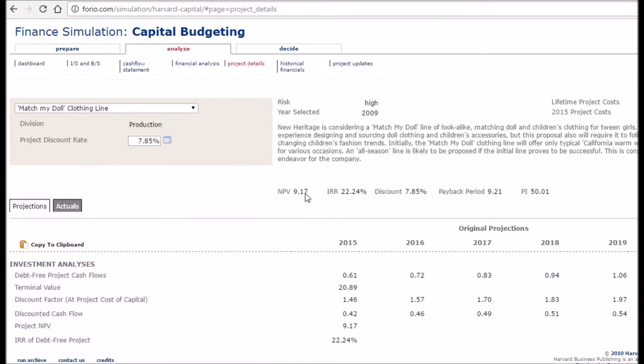And then below we've got the NPV, the IRR, the discount, the payback period, and the profitability index. So in 2009, I focused more on the payback period than anything else. I really wanted to make sure that I chose projects that were not greater than 9 years.